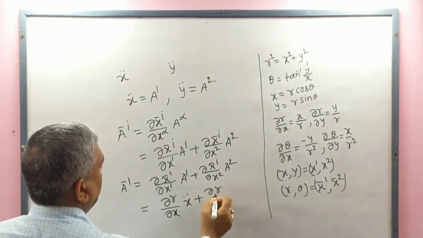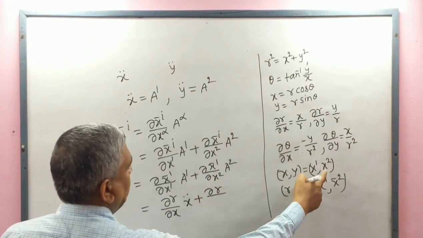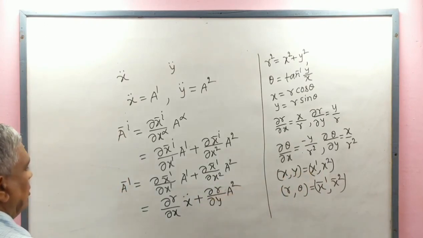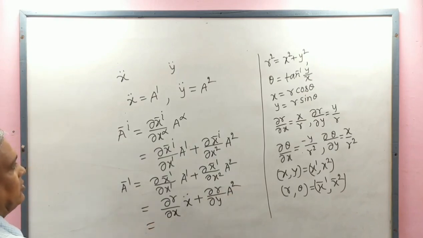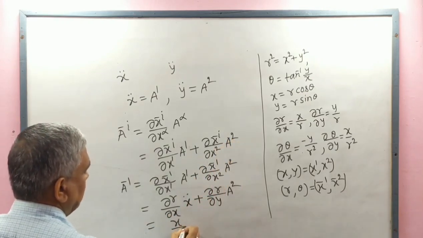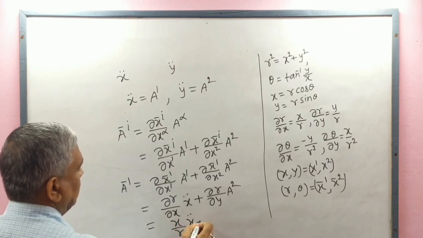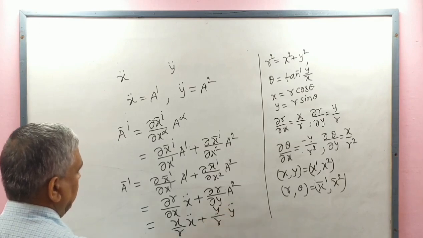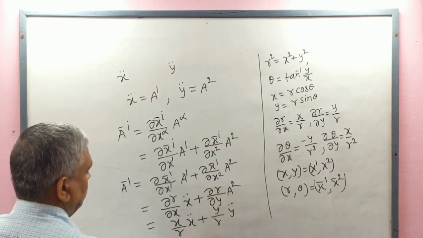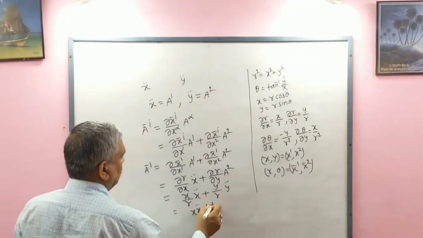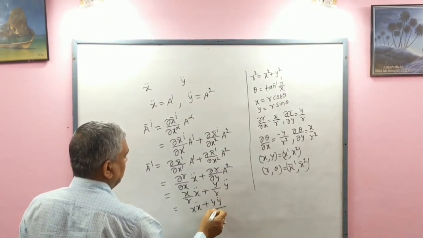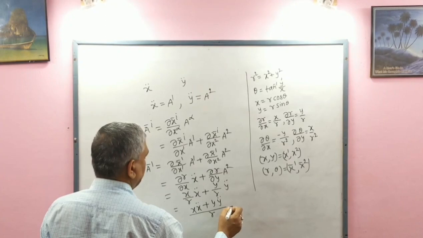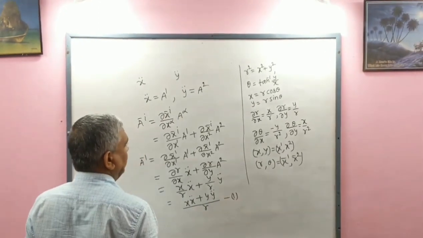Similarly, x2 is y and a2 is y double dot, and del r by del x is x by r, del r by del y is y by r. So a bar 1 equals x x double dot by r plus y y double dot by r, which is x x double dot plus y y double dot, all divided by r. This is equation number 1.